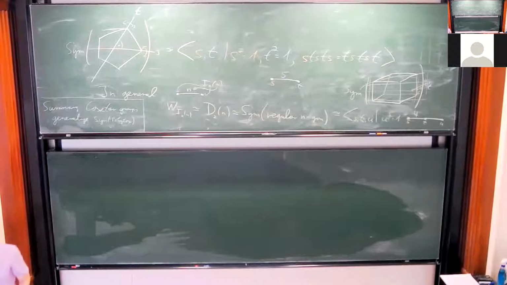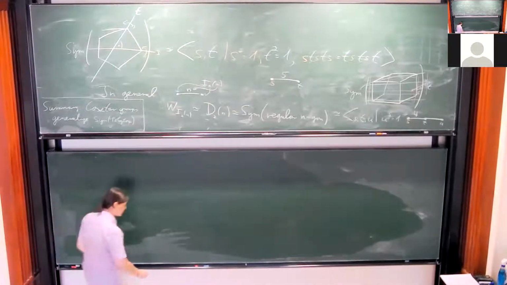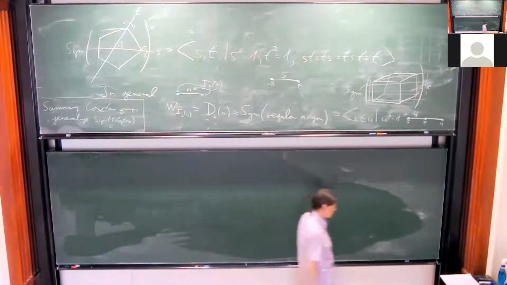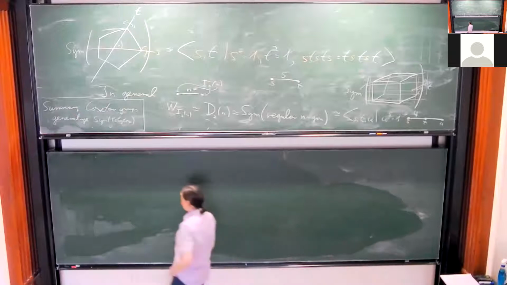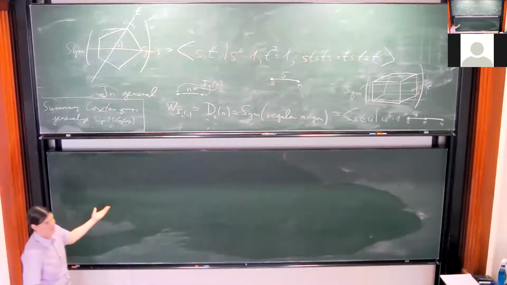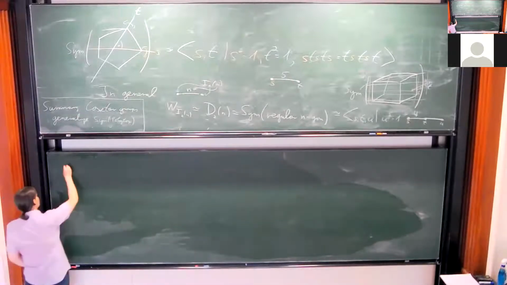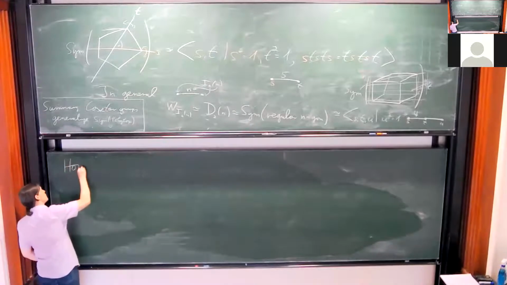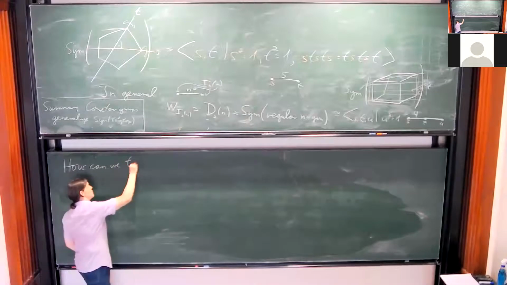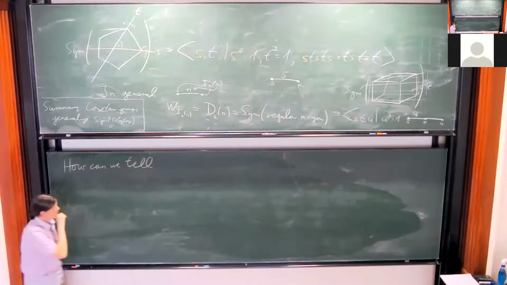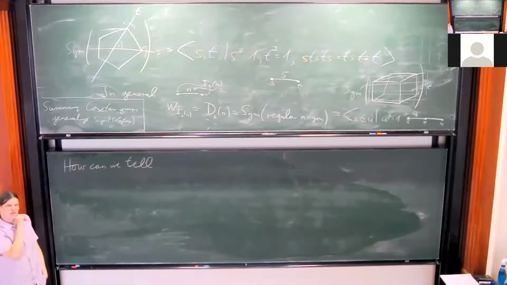So the question I want to ask for the remainder of the time is: okay, these are very nice groups. Maybe it makes sense to study them further. So how can we tell? It's a combinatorial object.